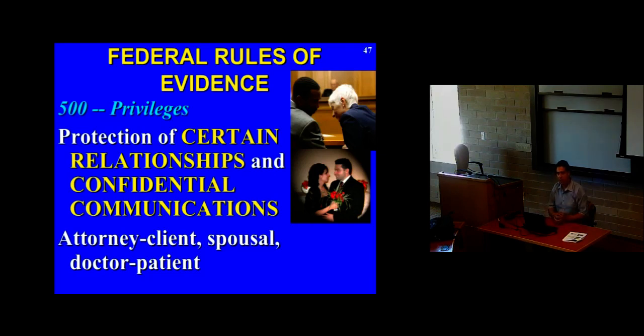So if one spouse tells the other spouse something in the context of their marriage that's intended to be confidential, and there's no publication of that, then we will give it the same protection we give the attorney-client privilege. And like the attorney-client privilege, it survives. So if the parties get divorced, what they said to one another in confidence is still protected. Just like the attorney-client privilege.